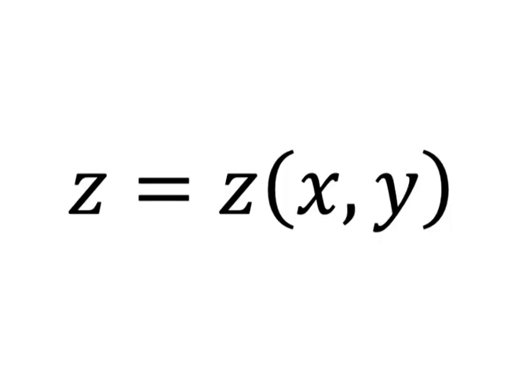Many of the expressions developed in this lecture are based on the state postulate, which expresses that the state of a simple compressible substance is completely specified by any two independent intensive properties. All other properties at that state can be expressed in terms of those two properties. Mathematically speaking, z = z(x, y).